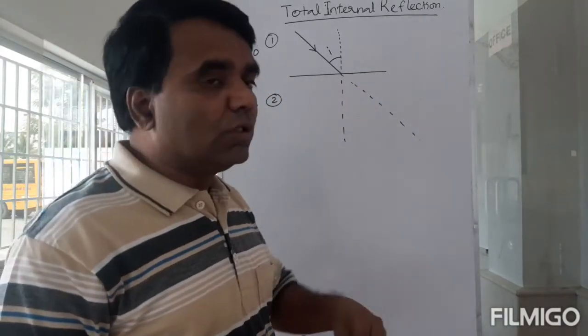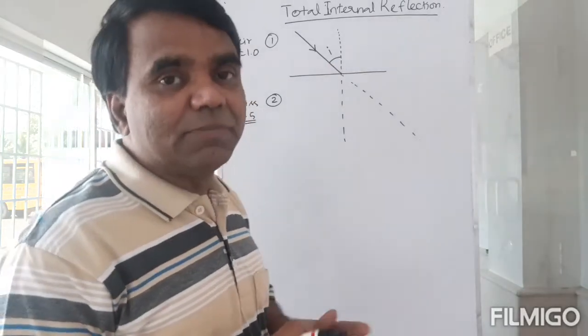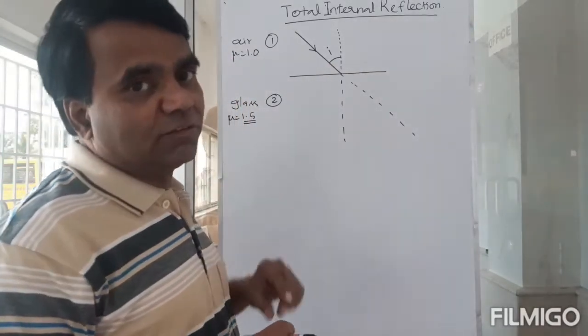Whether it is going to bend towards the normal or away from the normal depends on the refractive index of the medium.